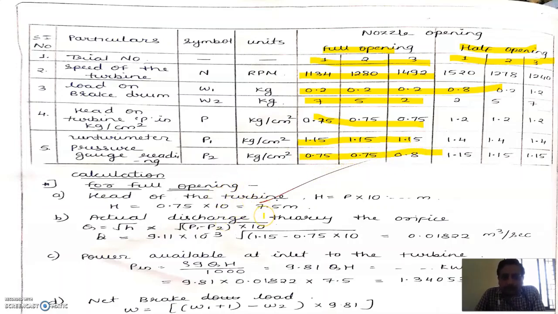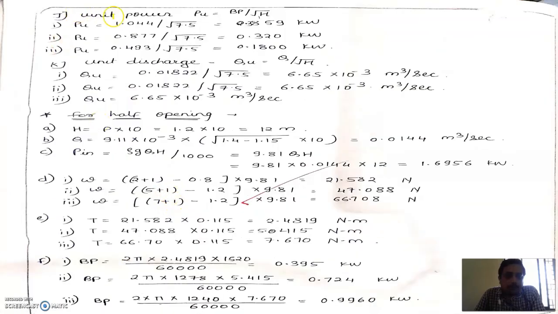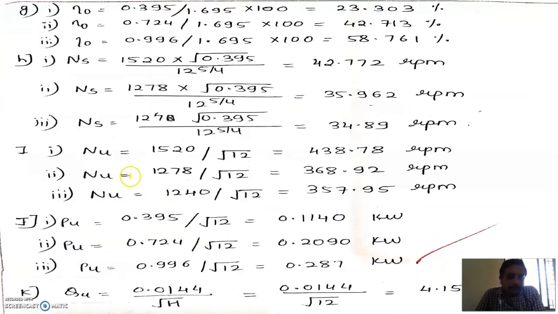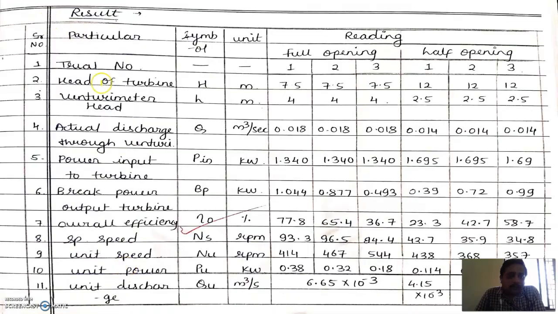As per the previous calculations, they found all the characteristics of the turbine for both the full open and half open conditions. They calculated H, Q, P, N, W, T, BP, overall efficiency, unit speed, specific speed, unit power, and so on.